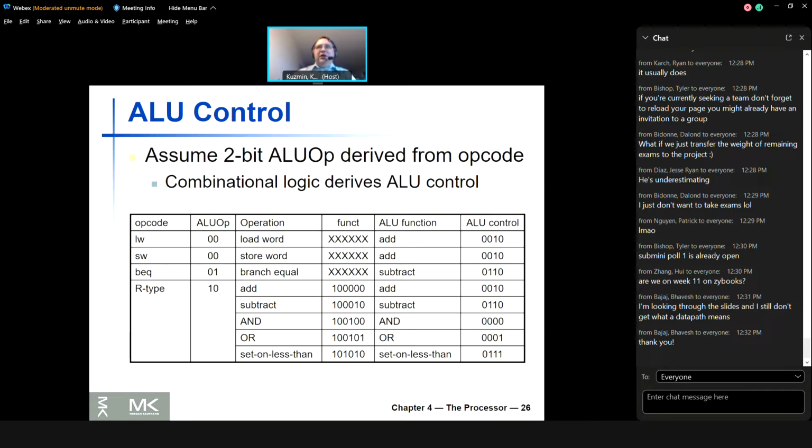And this table shows exactly how this is done, with additional pieces that we call function, which, as you hopefully remember from our previous conversations and from our MIPS reference card, is just another part of the instruction.